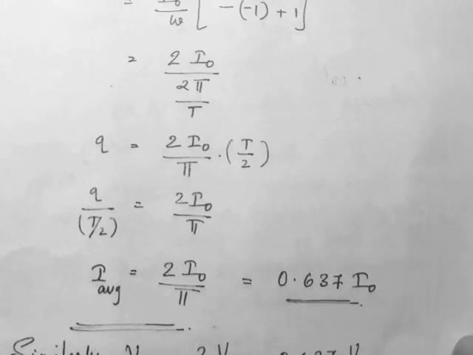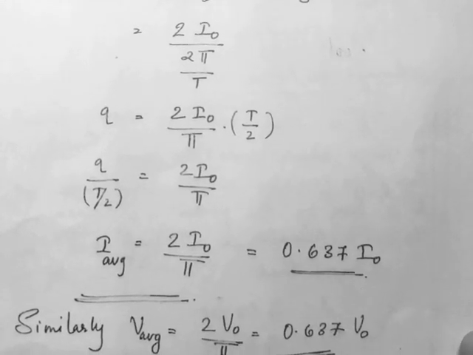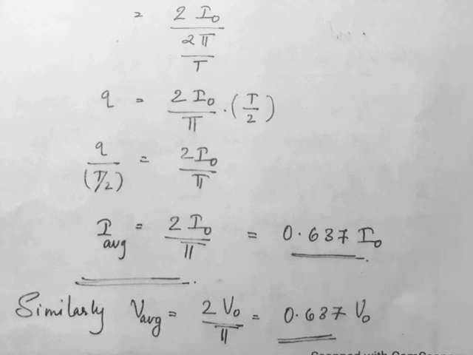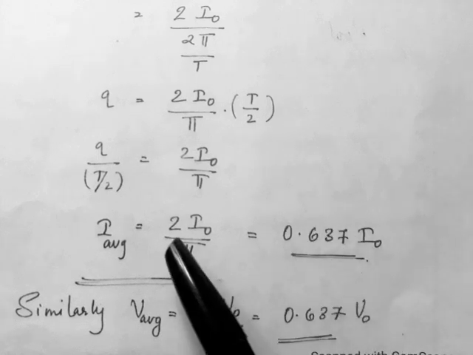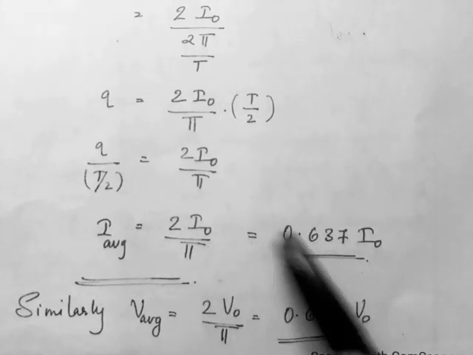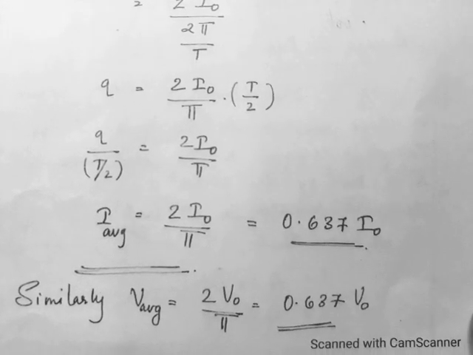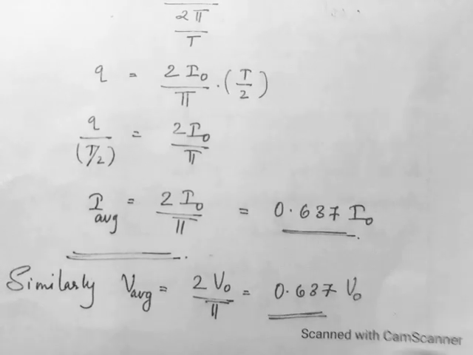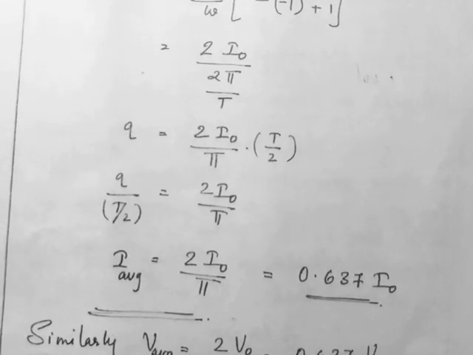So that 2 I0 by pi is the average current here. If you find the value of 2 by pi, it will come to 0.637. 2 by pi is 0.637 I0. Similarly, voltage also we can write, that is 0.637 V0. So this is the average current and average voltage.